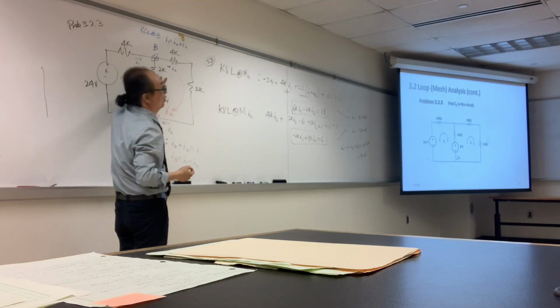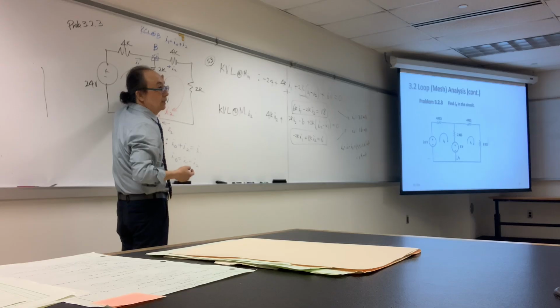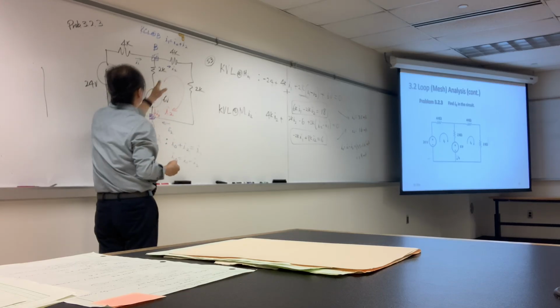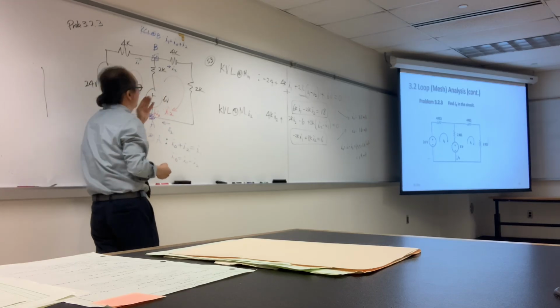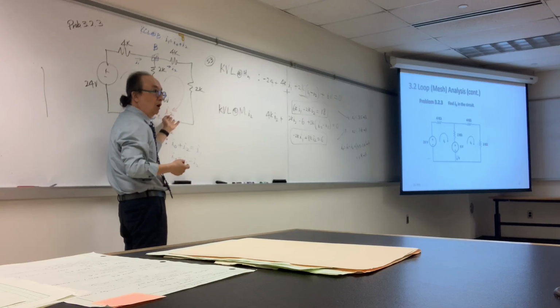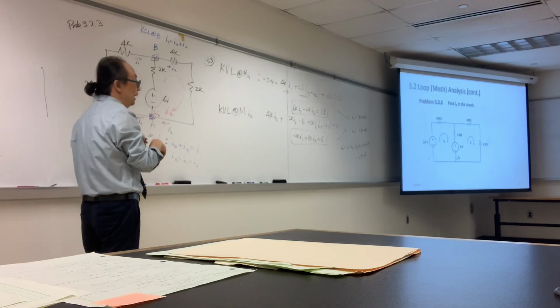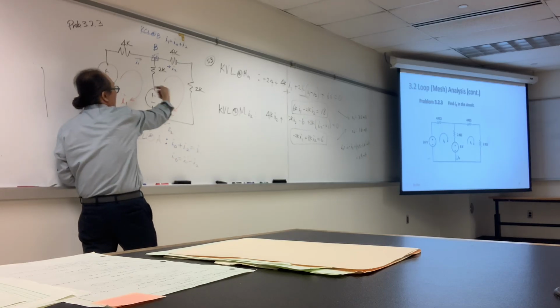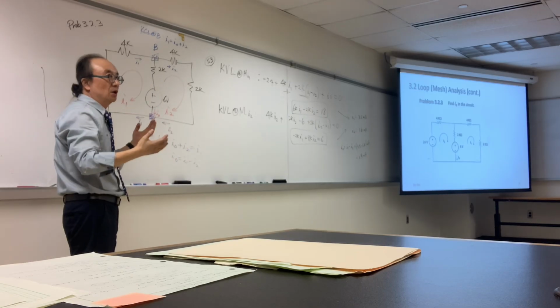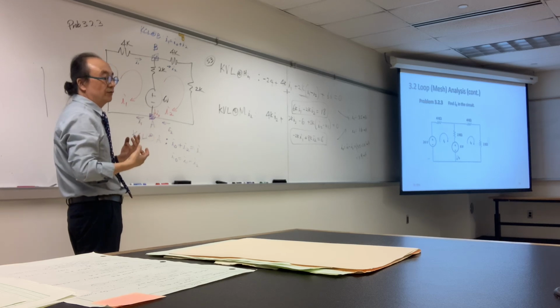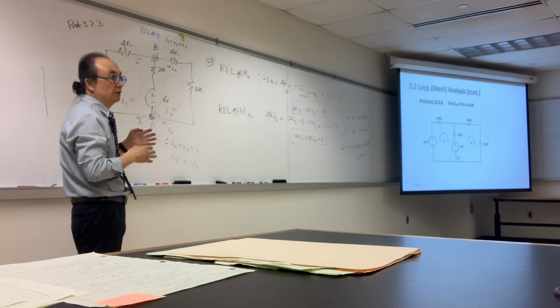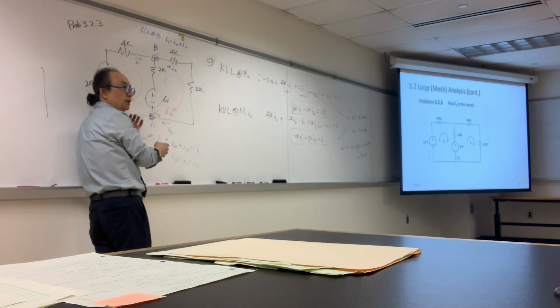When you calculate the voltage across the 2K, we cannot just say 2K times I sub 1. Wrong. 2K times I sub 2. Wrong. Because the currents in the middle portion, one is downward, one is upward. So it depends on which one is our reference, as the positive direction. The second one should be negative.